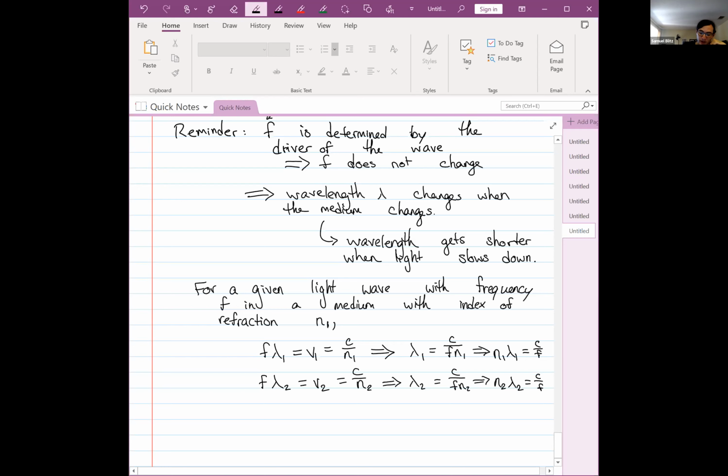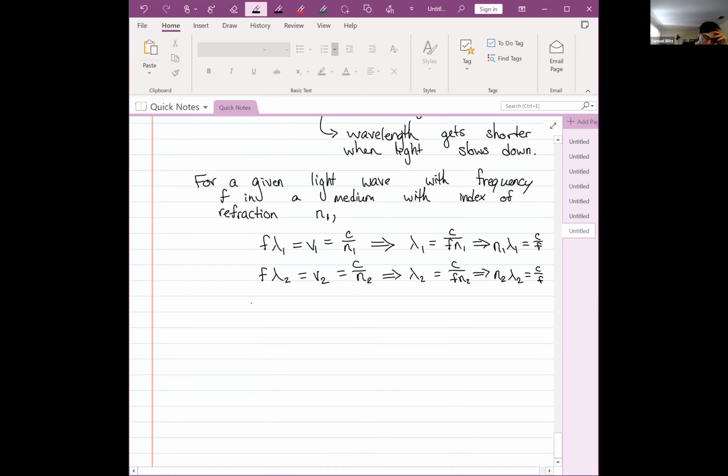And because these are the same waves with the same frequencies, that implies that n1 times lambda 1 is equal to n2 times lambda 2, which is a useful relationship whenever you have a light beam that's changing medium.